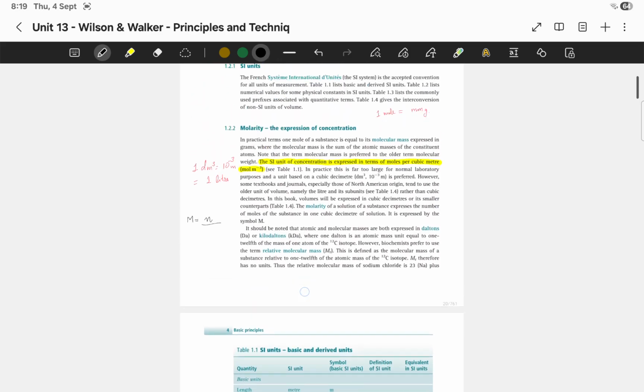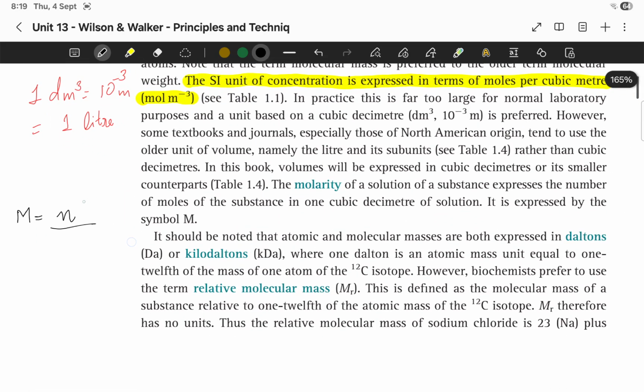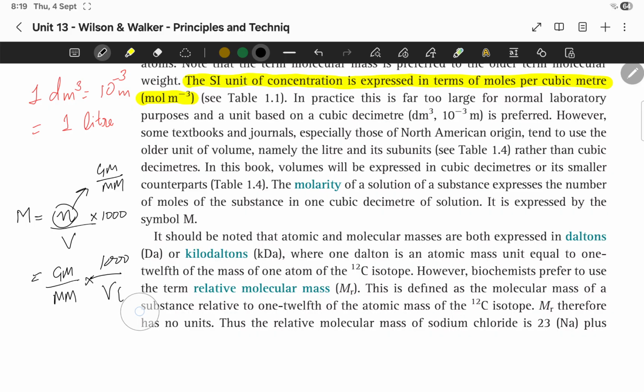Because from what I know, it is given mass upon molecular mass, so gm upon mm, into V upon 1000, but it will be kept in liters or meter cubed.